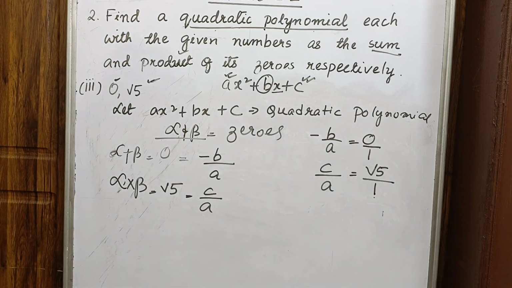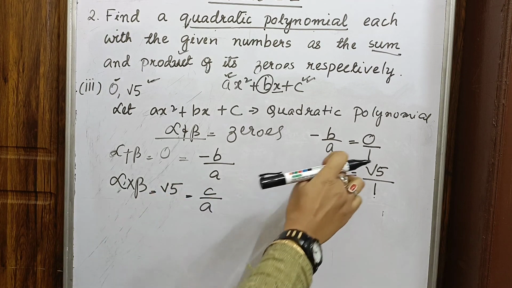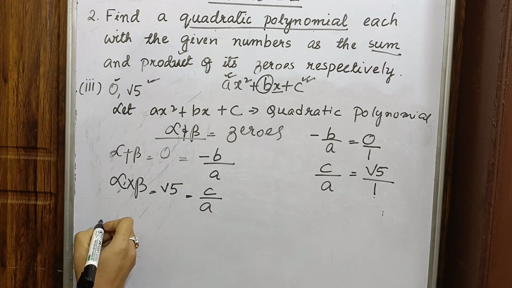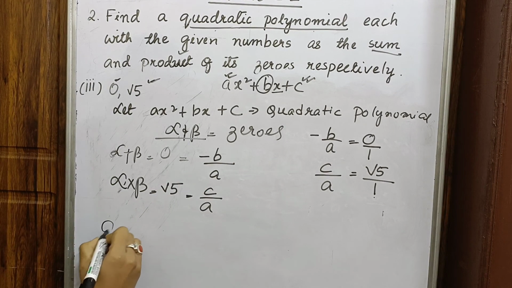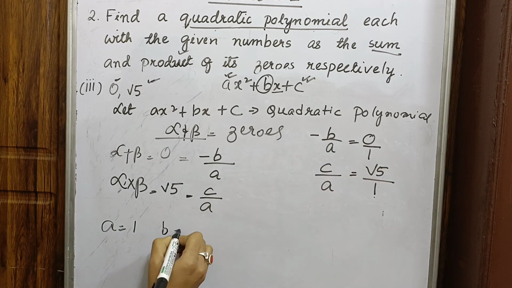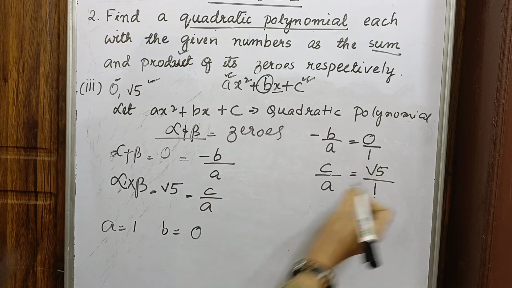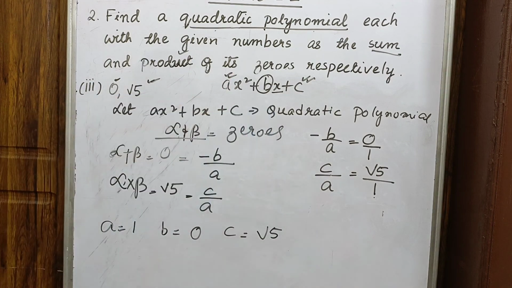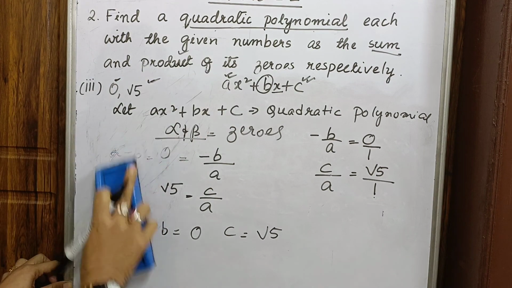So here you don't need to do anything because the a is similar. So now you got a as 1, b 0 and c is root 5. This we will substitute here and we will get the quadratic polynomial.